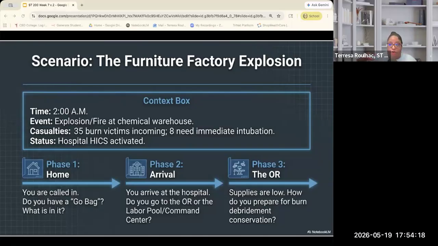Now, you're in the operating room. Burn debridement cases are incoming. Remember, there's a 16-room OR and 35 patients. Supplies are low. We're confirming instrument sets. We're coordinating. We're on the phone with SPD. We're using standardized burn trays.